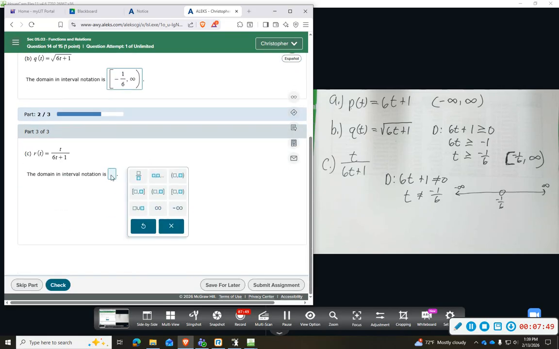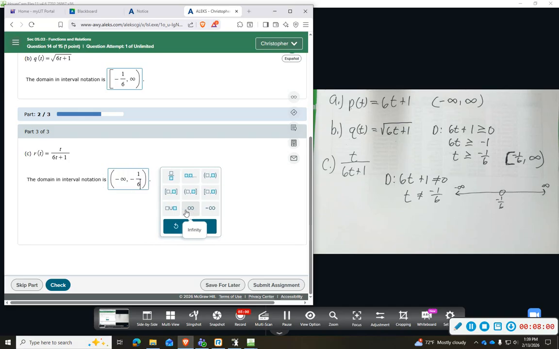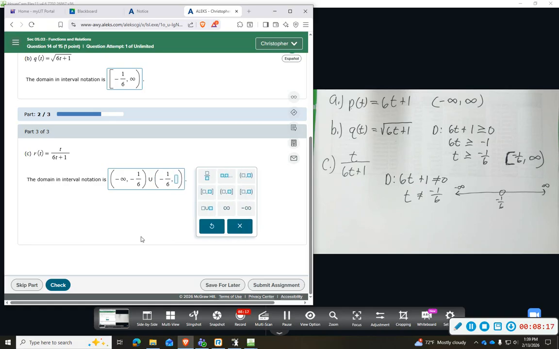And then part 3, we're going to have 2 separate pieces. Negative infinity to negative 1 divided by 6. And then, where's our union at? Negative 1 over 6 to infinity.